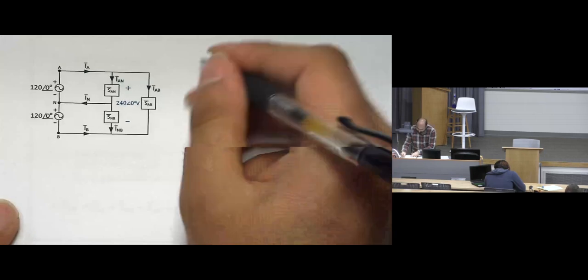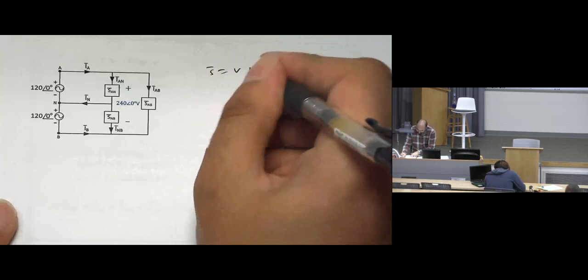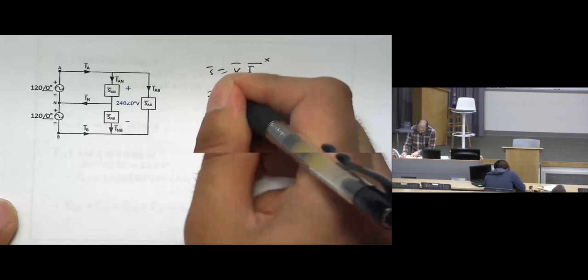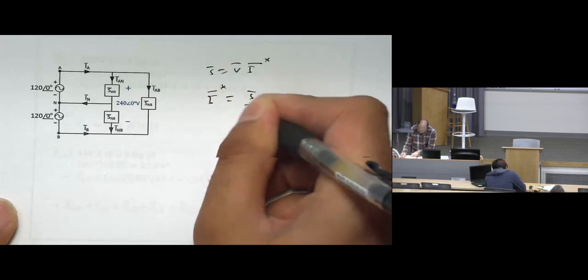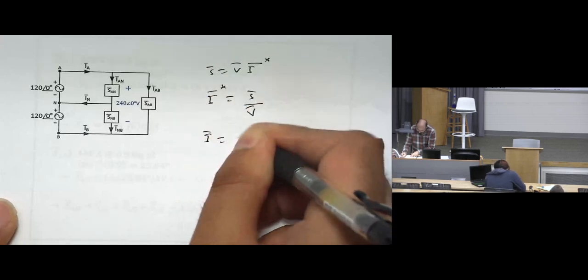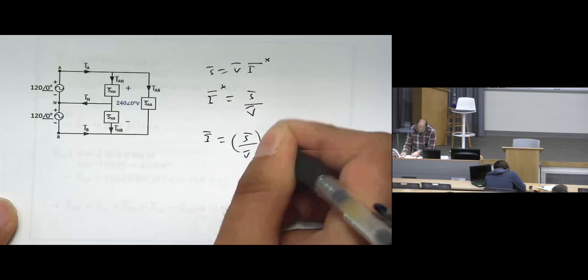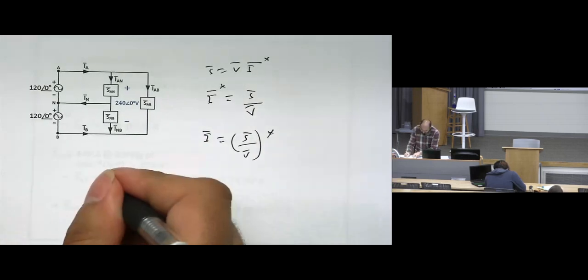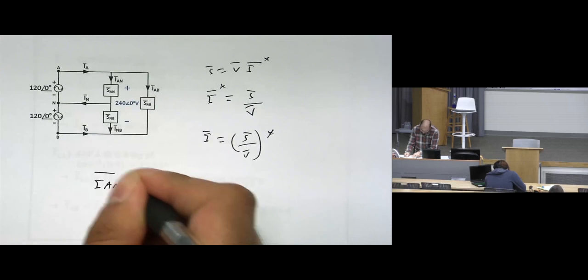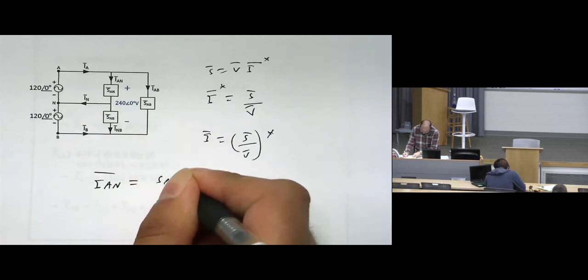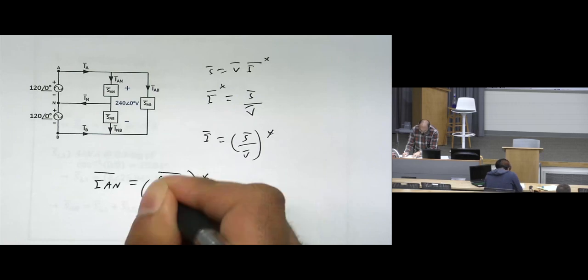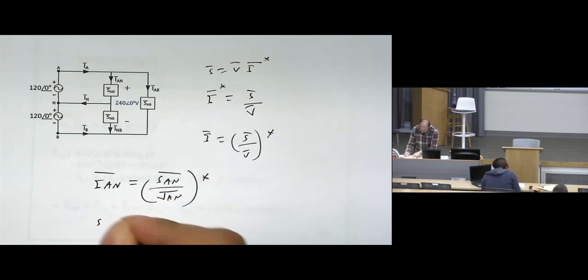By saying S equals V times I conjugate. Then I conjugate will be S over V, or I will be S over V, all conjugated. So IAN will be SAN divided by VAN, all conjugated. SAN is given and VAN is given as well.